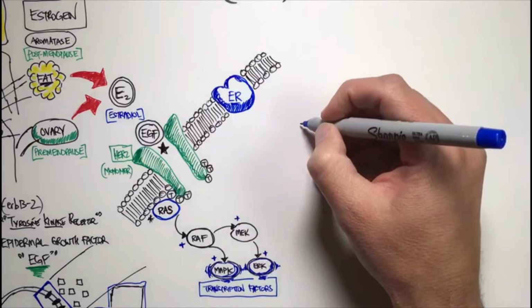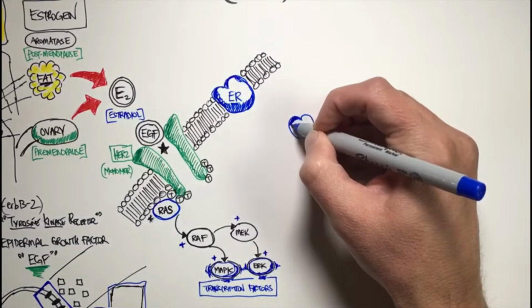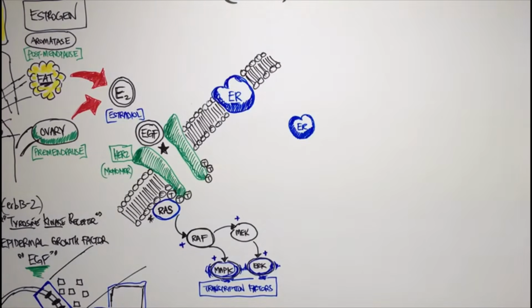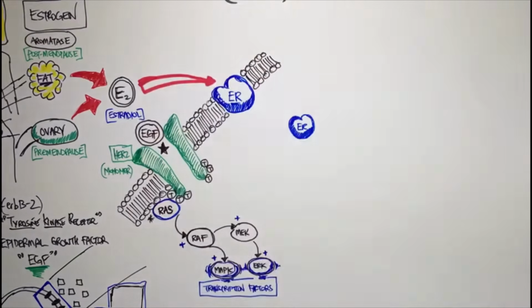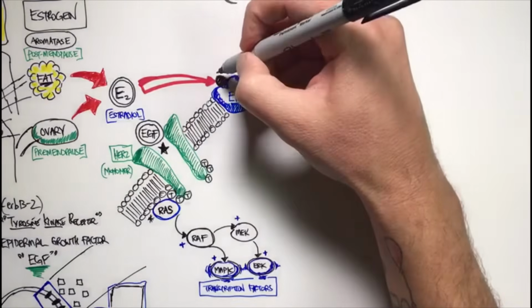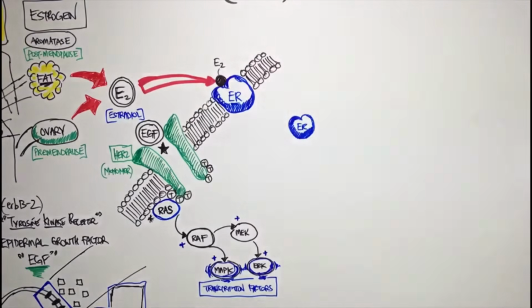And then we can also find it free-floating as well in the cytosol, which is the most immediate inner compartment of the cell. We can actually find them in the nucleus as well, free-floating. So the estrogen receptor has a little bit more freedom to move around, but it's also bound in the membrane. And we can see, again, the estrogen from the circulation binding on the outer aspect of the estrogen receptor.